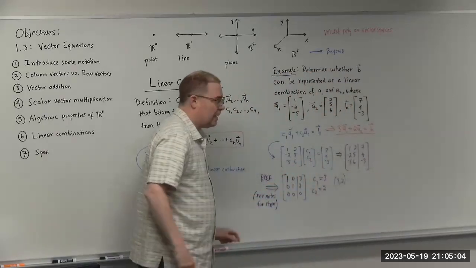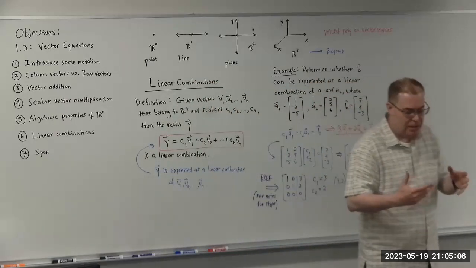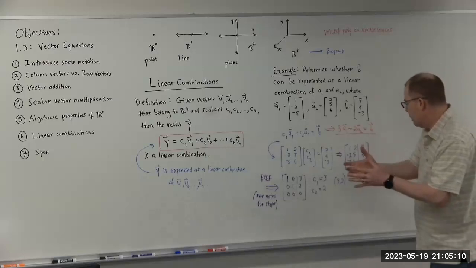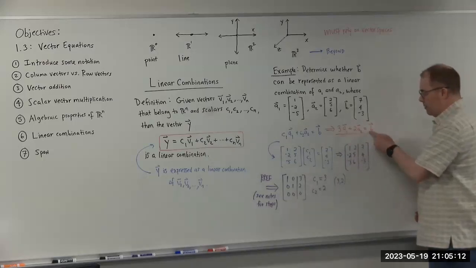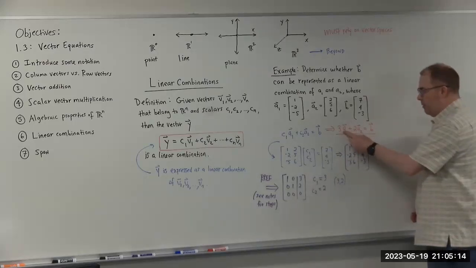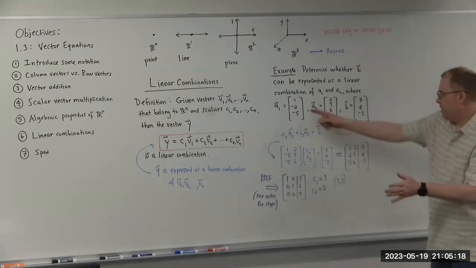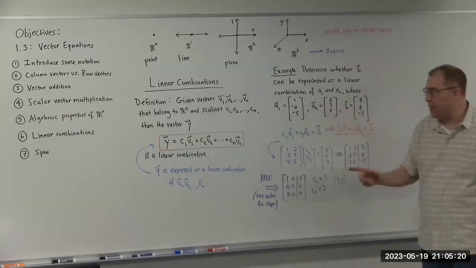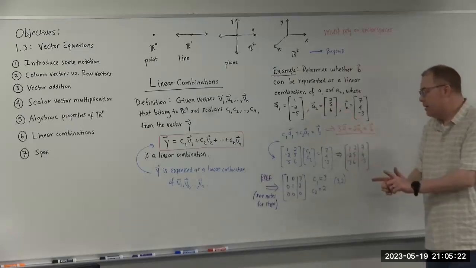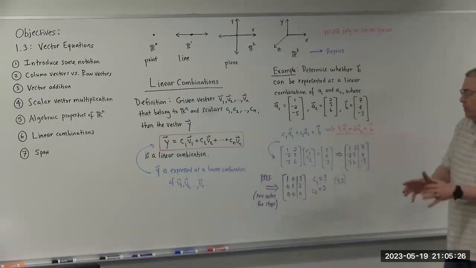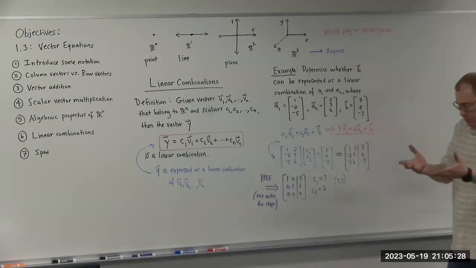Now, if you go back to the idea of that parallelogram rule and the vector addition rule, think about this. We have 3 times A1 plus 2 times A2. A1 and A2 are both in R3, and therefore the vector B is also in R3. They live in the same space.